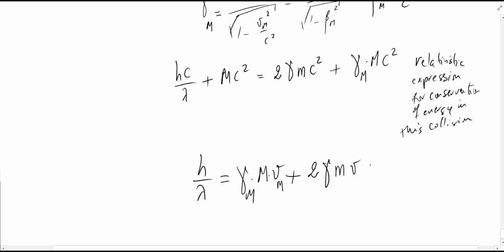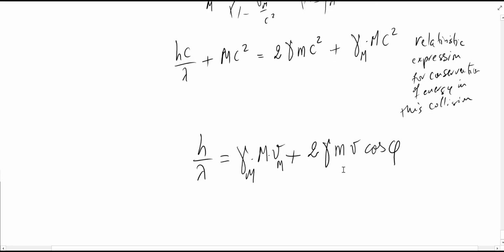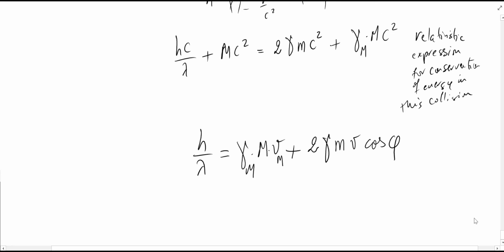But now I have to take the components, and the component in the x direction is the cosine of that angle phi. So that is the expression of the momentum in terms of gamma, m, and lambda, and everything else given in this problem. This is conservation of momentum in the x direction.